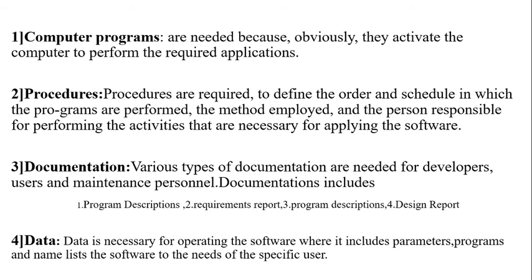Computer programs are needed because they activate the computer to perform the required applications. Computer programs are written in different computer languages, such as .NET and PHP, according to the applications that have to run on different consoles.